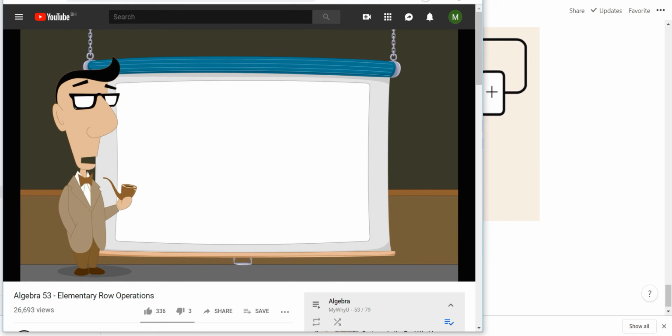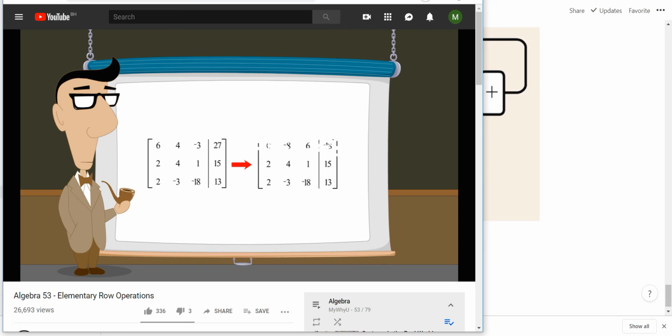In this last example, we transformed the augmented matrix into a new one representing an equivalent system. In this process, the first row of the augmented matrix was changed, and so the corresponding equations were different.